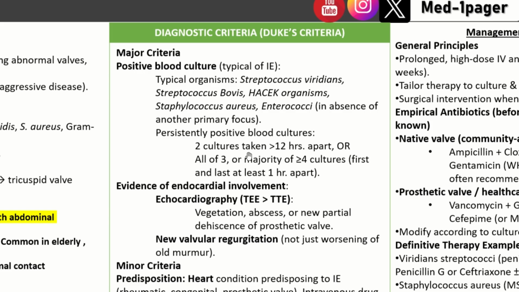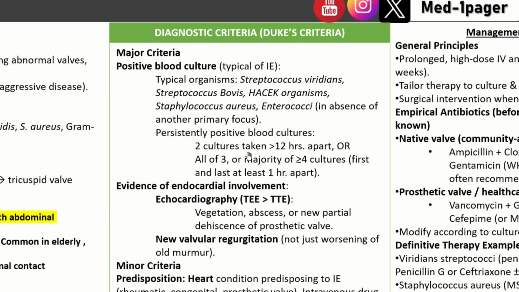So when someone comes in and you suspect that they have infective endocarditis, most of the time you're going to take multiple sets of cultures, and a set of cultures consists of 2 tubes, one for aerobic and one for anaerobic. Then after taking those cultures, you can start the antibiotics. But if someone is unstable, then you may need to do all the cultures within 1 hour's time, and then you begin the antibiotics.